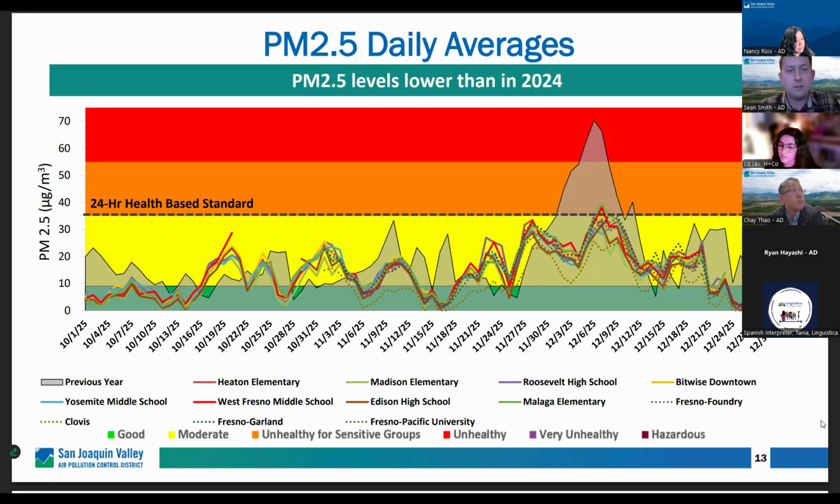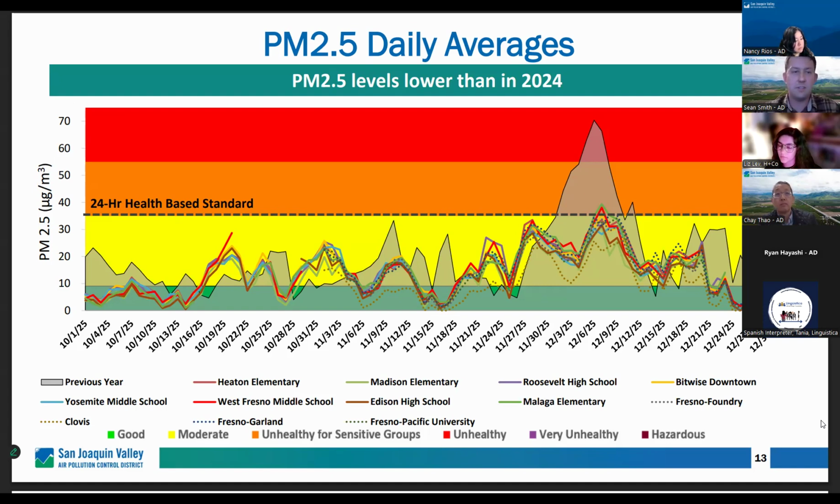And the other colors you'll see layered in the background are the respective air quality categories. So you'll have good in green, yellow is the moderate category, orange is the unhealthy for sensitive groups, and red is unhealthy. And we don't even get into the very unhealthy or hazardous for 2024 or 2025.